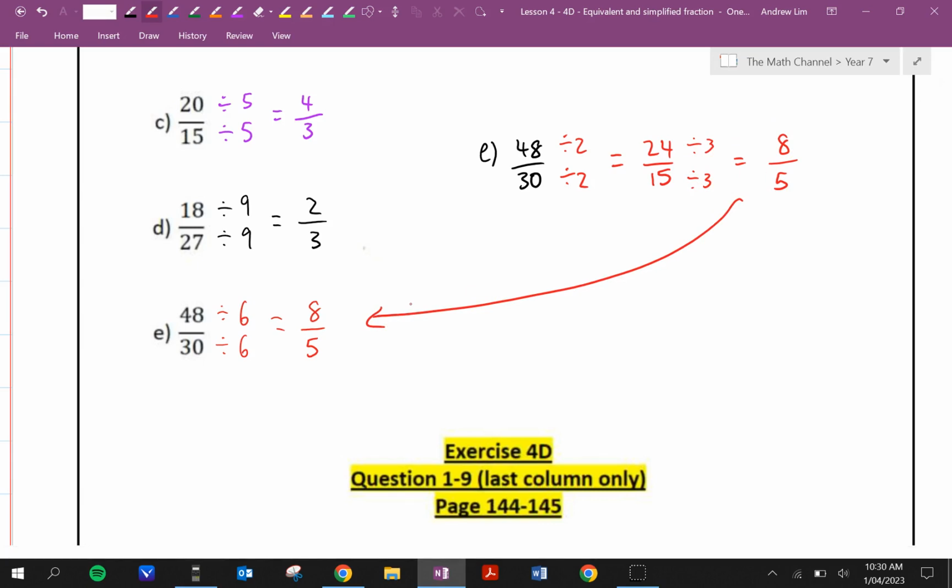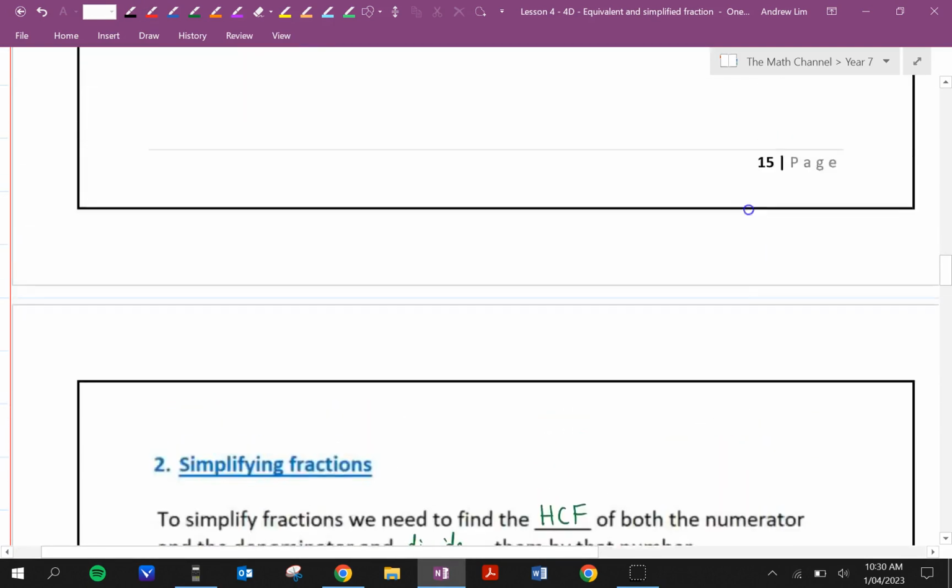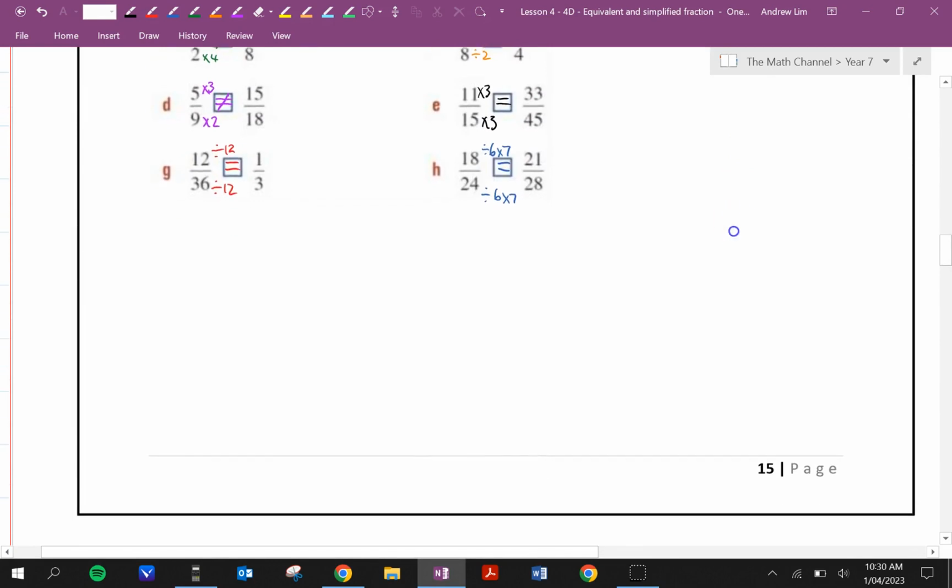So, that's how you simplify fractions. Let me go back to this question up here, question H. And that's exactly what I would do. Rather than thinking about what I need to divide and times by, I would simplify the fractions. So, for question H, 18 over 24, what can I divide both of them by? 6.